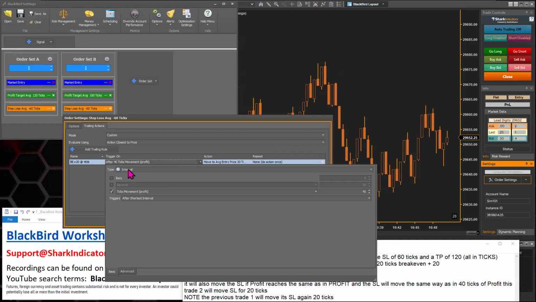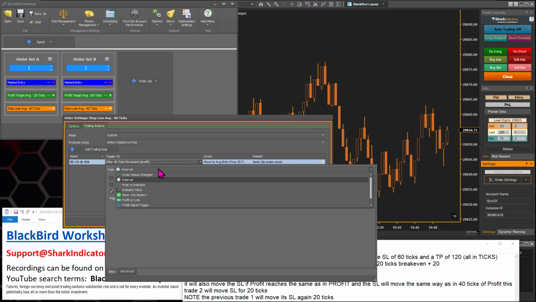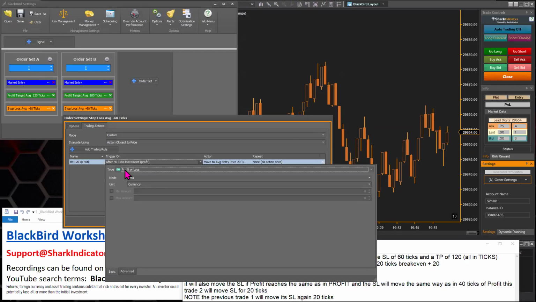So instead of using the interval to track when there's 40 ticks of profit here, right? So from the interval, this tracking of 40 ticks of profit is actually going to come from the first entry order there, right? It applies to the first entry order. So we're going to have to switch this over to profit or loss.